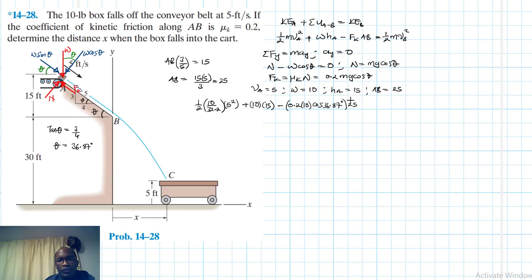And then this is equal to half times 10 divided by 32.2, okay, then times VB.